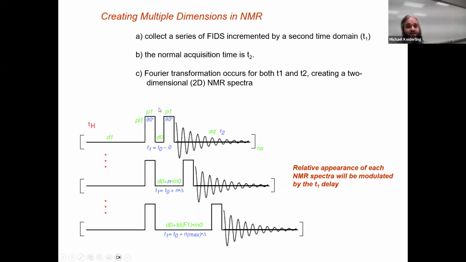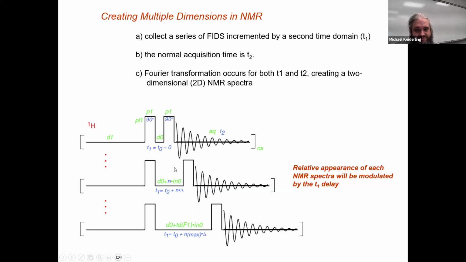For a multi-dimensional one, you'll have a pulse, a delay, and then another pulse. That's your second time domain. So you collect a series of FIDs incremented by a second time domain, T1. And the normal acquisition time is T2, and the Fourier transformation occurs for both T1 and T2, creating two-dimensional NMR spectra.